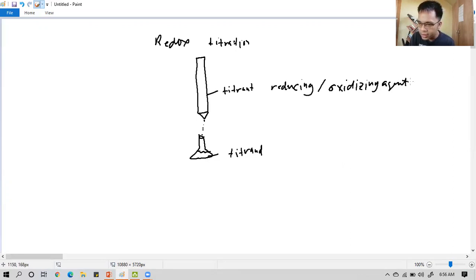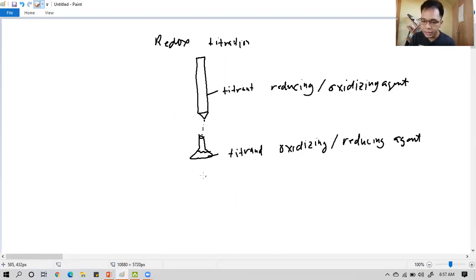Kapag reducing agent yung titrand, syempre ang nasa buret natin is oxidizing agent. And kapag oxidizing agent ang titrand, yung titrant natin is reducing agent naman. So, dapat magka-opposite in order for the reaction to occur. Hindi pwedeng reducing tapos reducing, walang mangyayaring reaction doon.